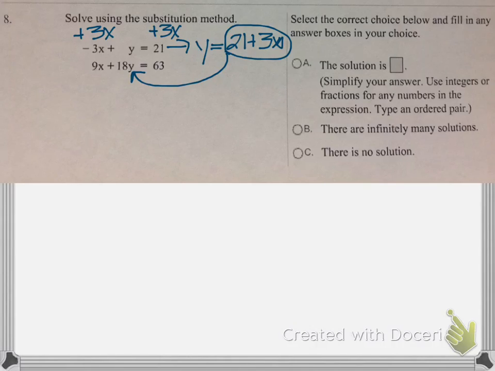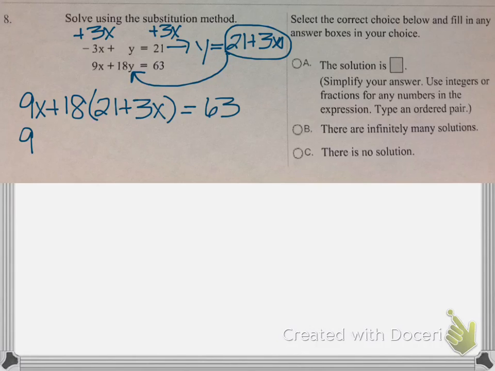So now our new equation is going to be 9x plus 18. Now instead of y, we're going to replace it with 21 plus 3x equals 63. Now I can start simplifying and then eventually solving.